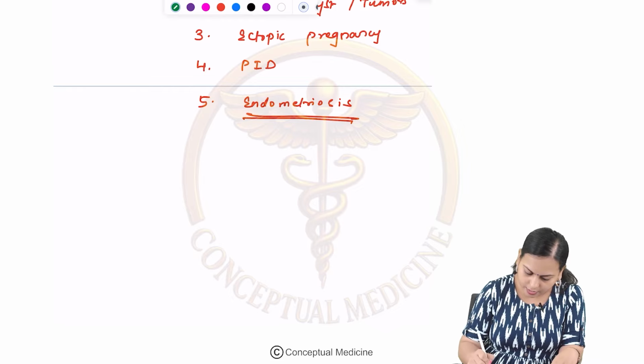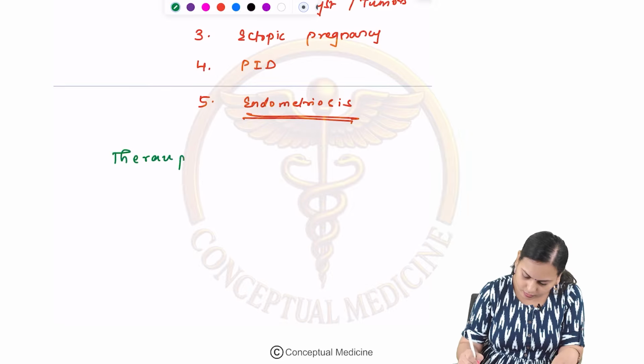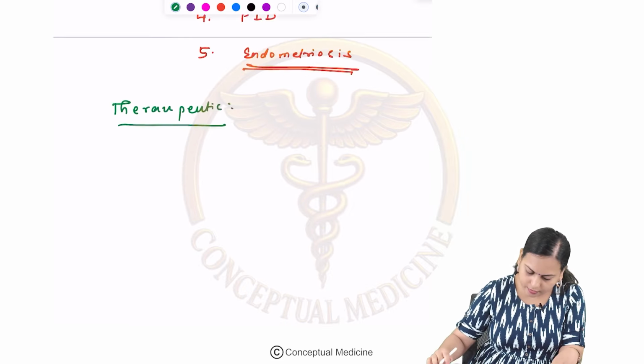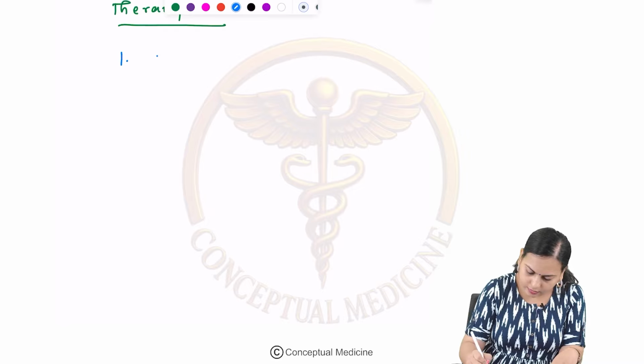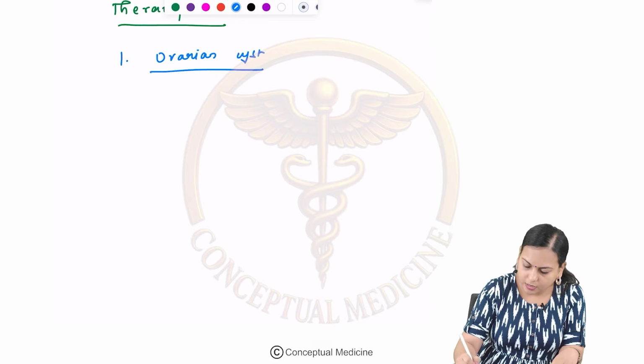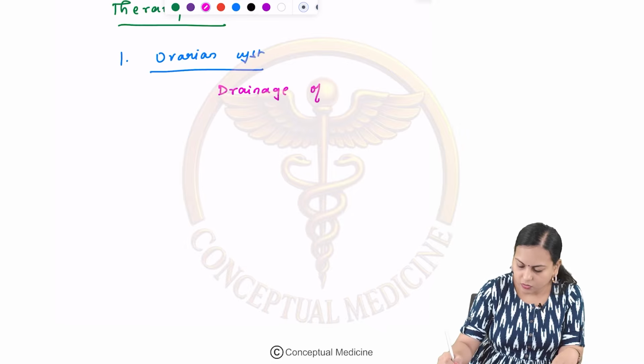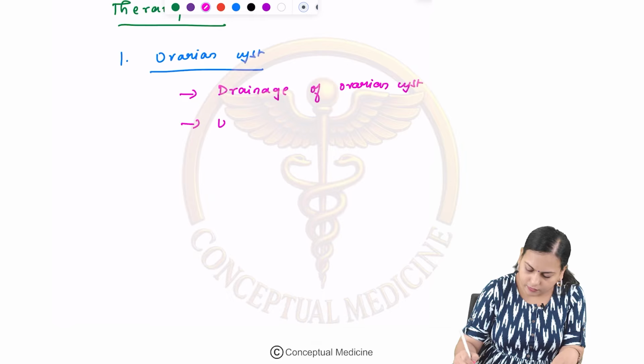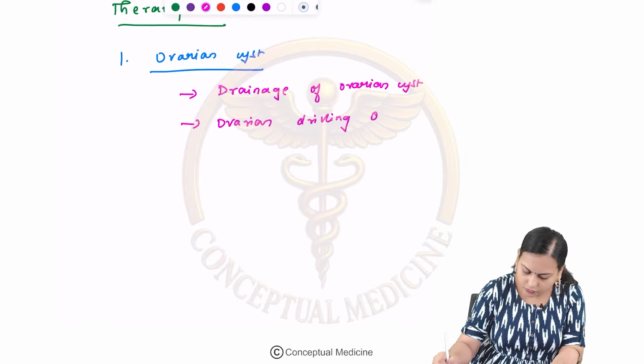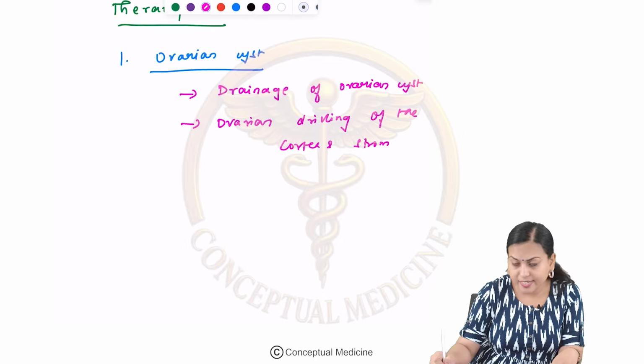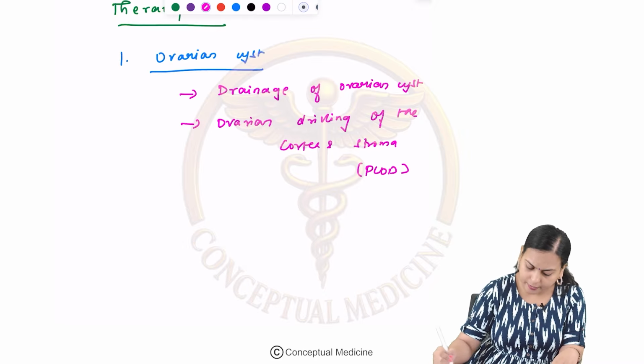Okay, then therapeutic purpose of laparoscopy, we can manage ovarian cyst by doing drainage of ovarian cyst, then ovarian drilling of the cortex and stroma in case of PCOD can be done.